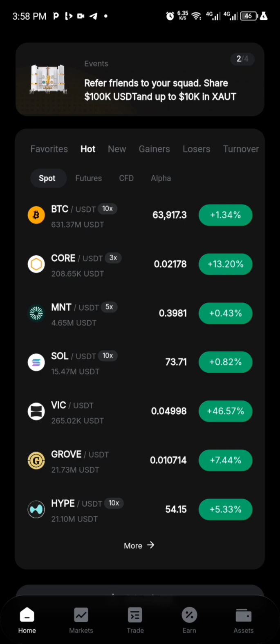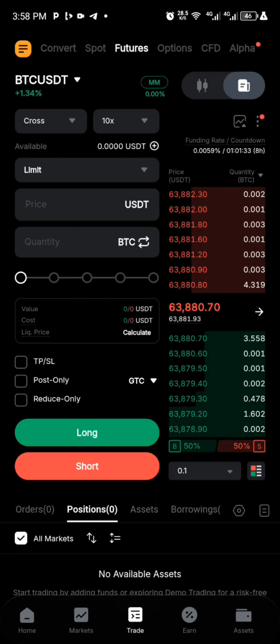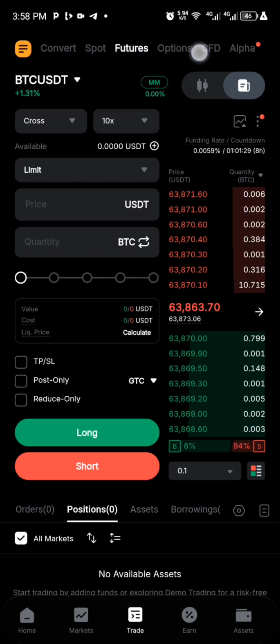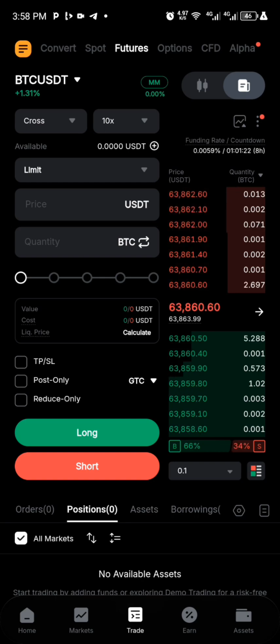So if you want to trade on Bybit using futures, all you need to do is to come and click trade. When you click trade, if you look at this tab up here, you're going to see different trading options: spot, futures, options, CFD, alpha.